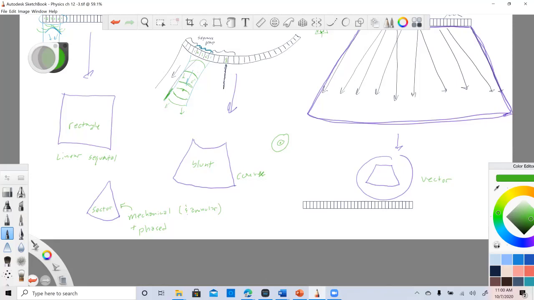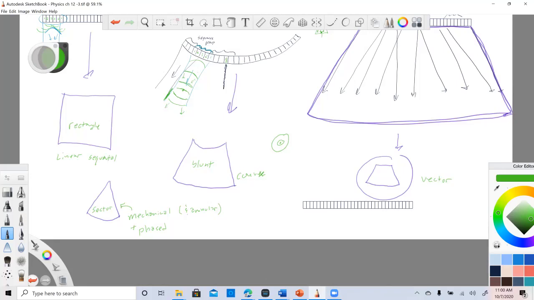You could angle correct, but that's not steering. You could take the color box and move it over here and over there, and it kind of changes direction, and you think, oh, I'm steering it. No, you're not, because every beam comes straight out. It's just coming straight out of a curved surface. So like I said, I don't know why he said electronic for that as far as focusing.